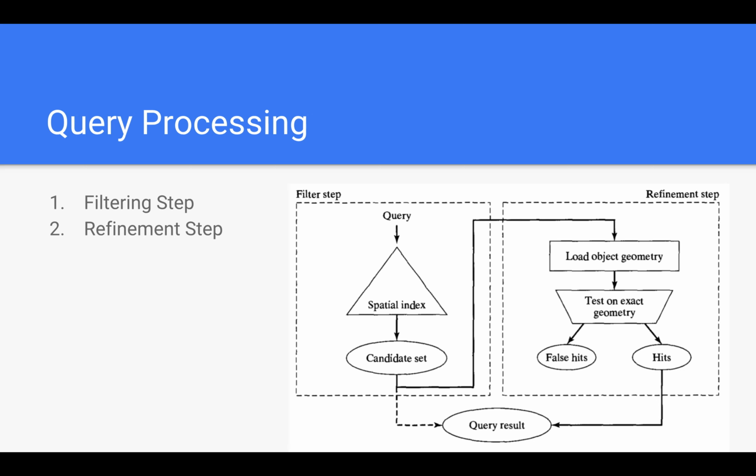For example, we can use an R-tree to find a minimum bounding rectangle and get approximate objects. And the second step will load the approximate objects and try to get the exact data. The operation in step 2 is more CPU intensive.